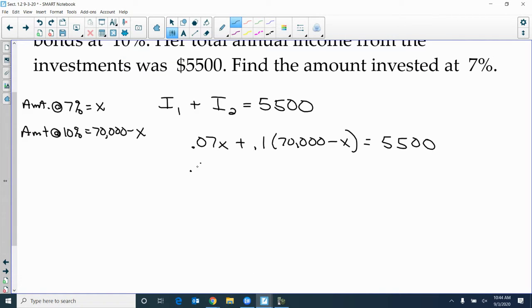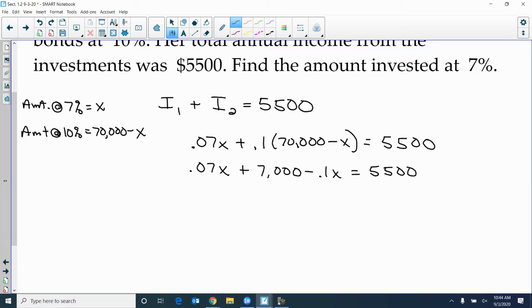But when you distribute the 0.1 times 70,000, 10% of that is 7,000. Minus 0.1x equals 5,500. All right, now just be careful here. 0.07 minus 0.1 is negative 0.03.